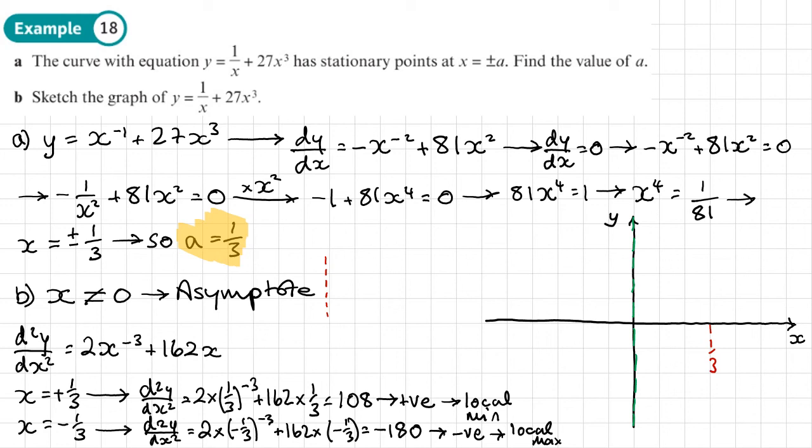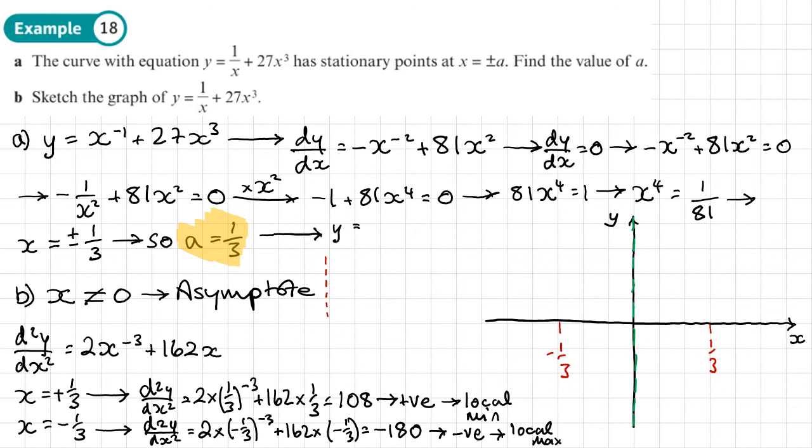We've got a local minimum, and when x is negative a third, we've got a local maximum. Now, so we know where to draw these maximum and minimum points, we need to work out the y coordinates that these x coordinates give. So we're going to plug those into the original equation.